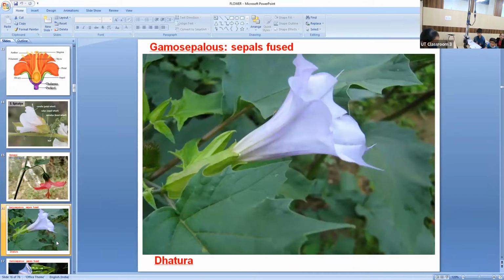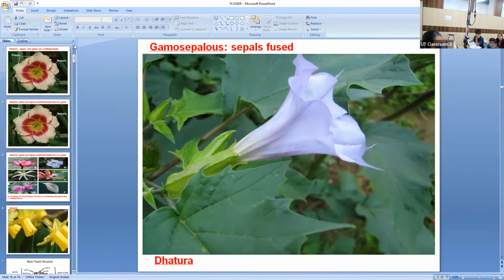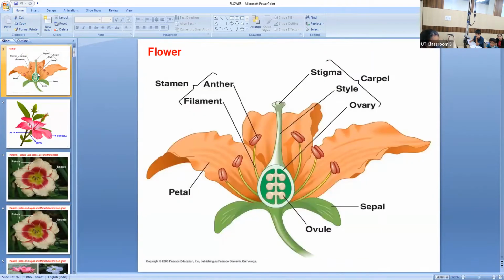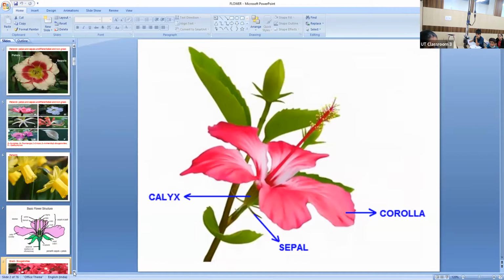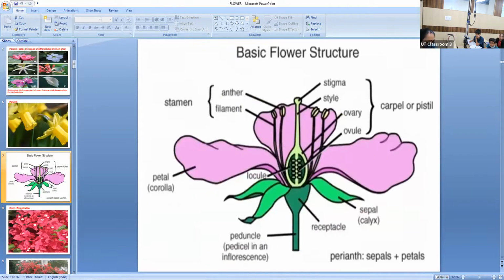Look carefully at the arrangement of this sepal and the arrangement of this sepal. Is it the same? What is a sepal? The 5 green leaf-like structures which are present at the base of the flower.